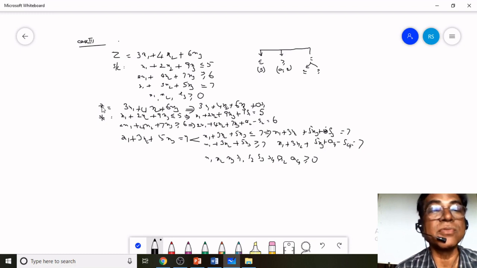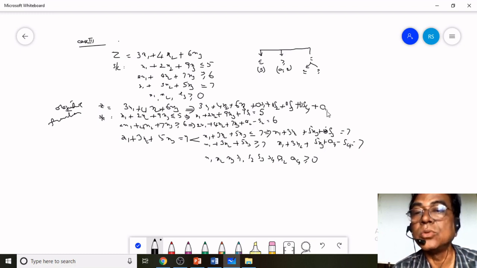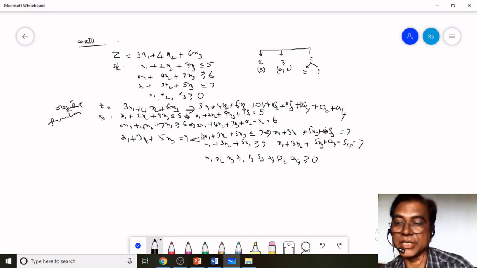This is called the objective function: 3x1 plus 4x2 plus 6x3 plus 0s1 plus 0s2 plus 0s3 plus 0s4 plus a2 plus a4. This is the third case, conversion of the third case equations.